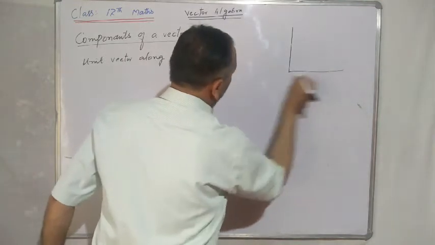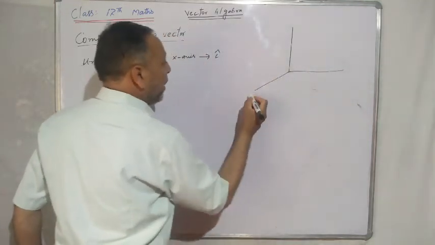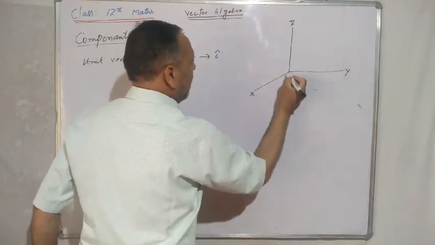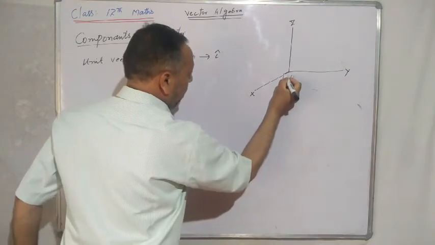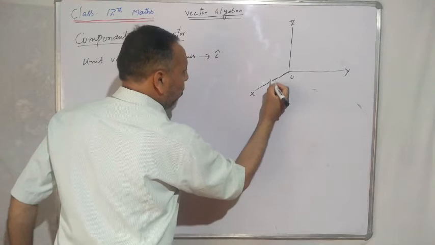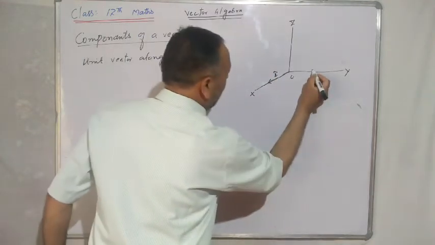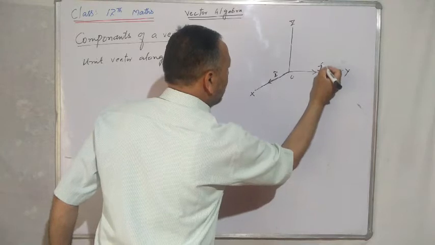We have a three-dimensional coordinate system. This is x-axis, this is y-axis, and this is z-axis. This is the origin. A unit vector along x-axis is denoted by i cap. A unit vector along y-axis is denoted by j cap.